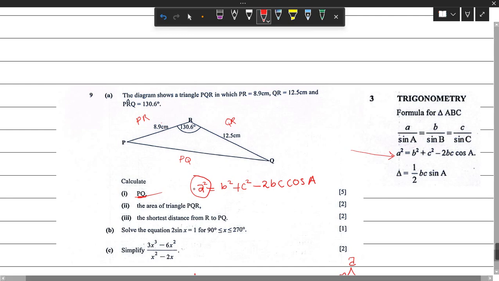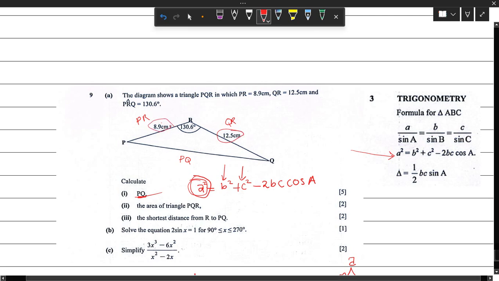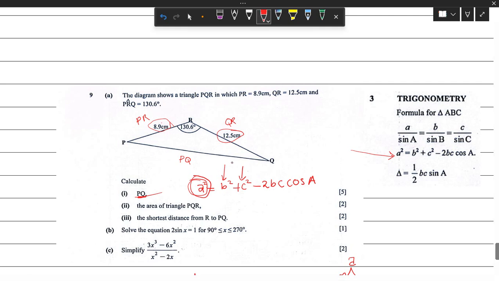So this is our A. Then B and C are the distances which are separated by the angle. B can be this one or this one, it doesn't matter. B and C are the two distances which have been given and are separated by the angle.